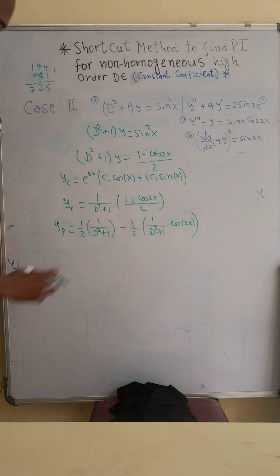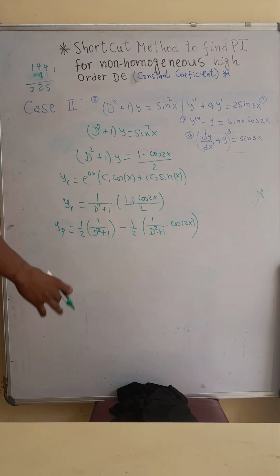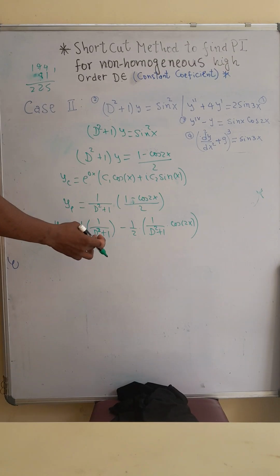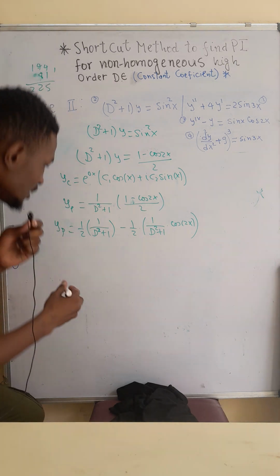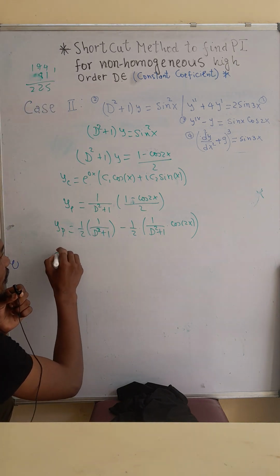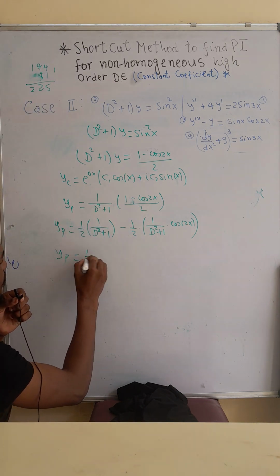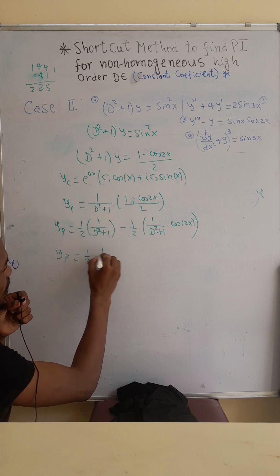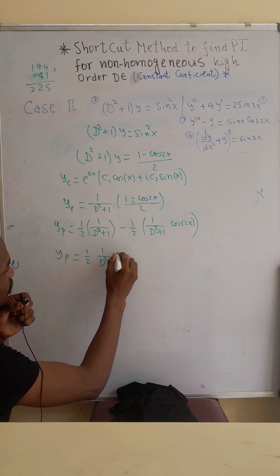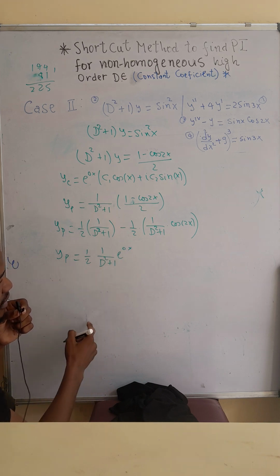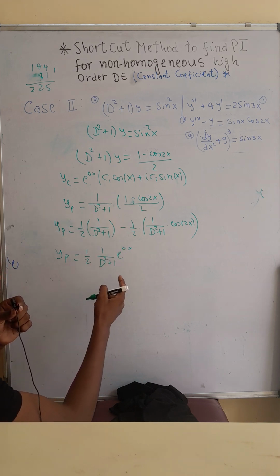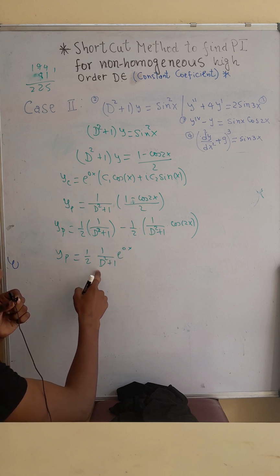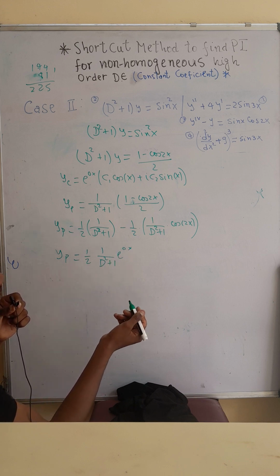Now see, here there will be no need to apply this rule because there is no cosine. Here you can apply the first case, that is e raised to 0x. You can just come here, 1 by 2, and here I get 1 upon d squared plus 1 times e raised to 0x. Then substitute d by 0, put here 0, and see what you're going to have.